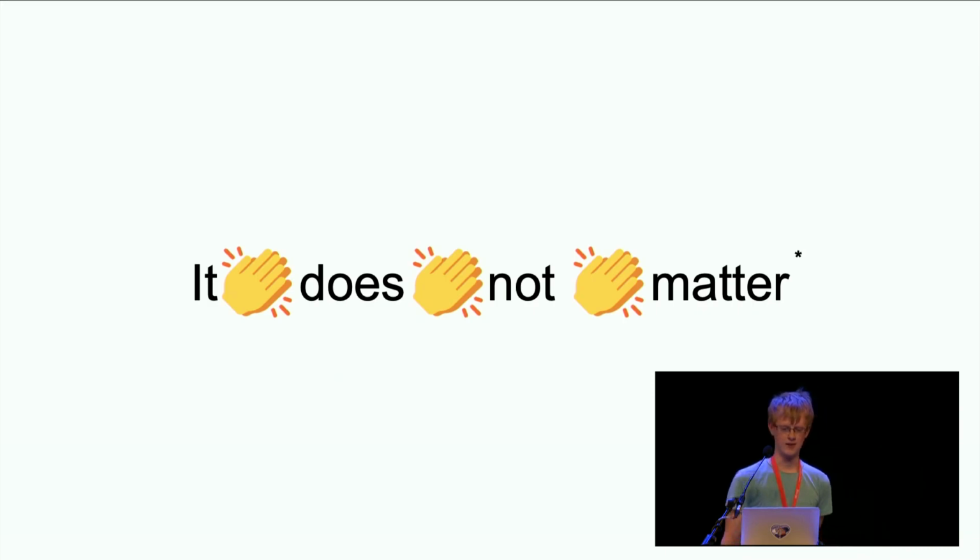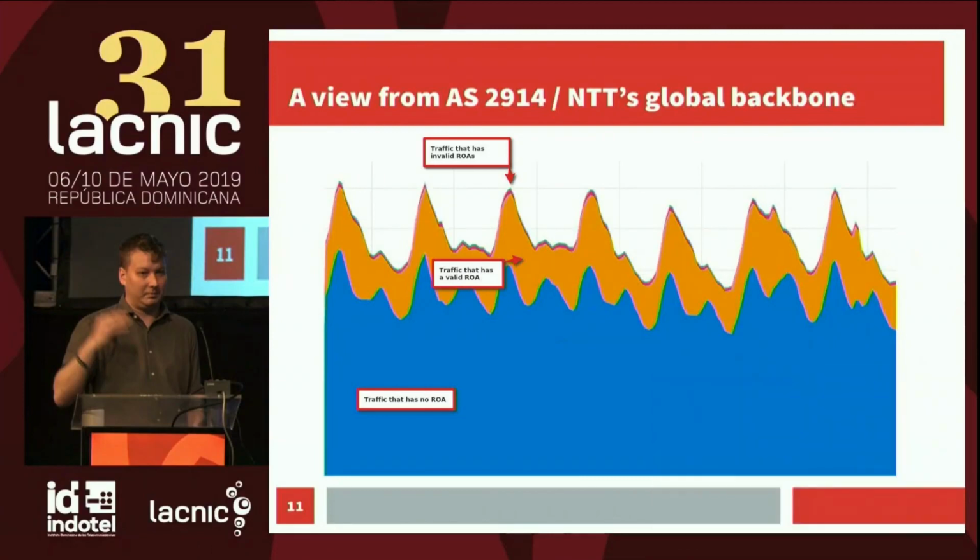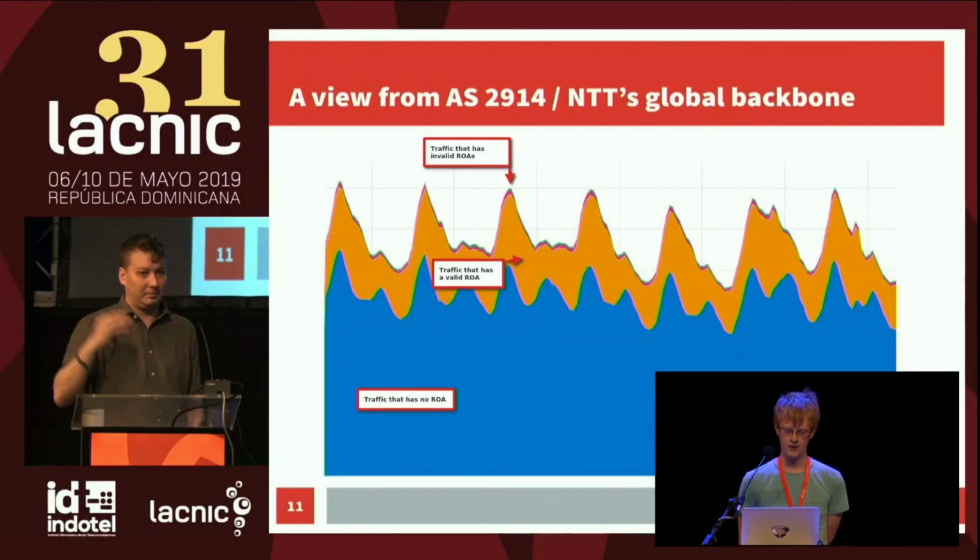And it does not matter thanks to Job, who pointed out that the traffic that goes to these invalid prefixes is almost nothing and is, in most cases, not really worth worrying about, especially because the traffic going to these prefixes might actually be legitimate hijacks that you should probably stop.